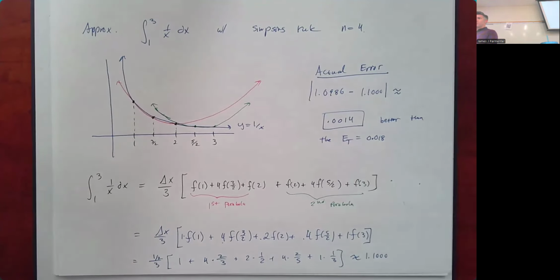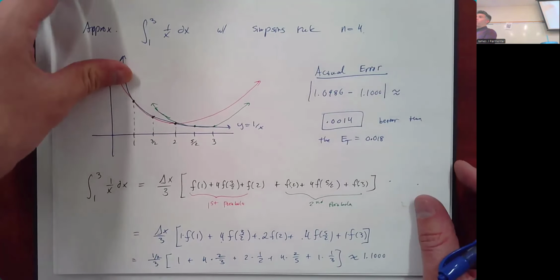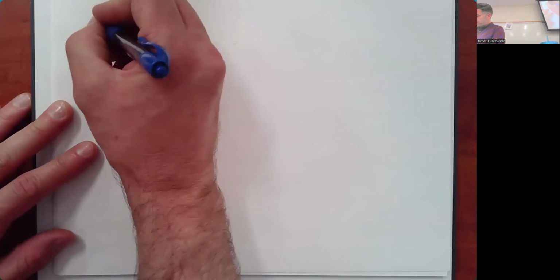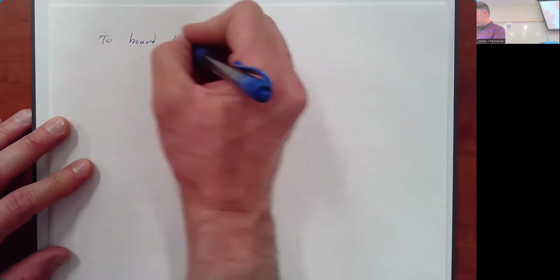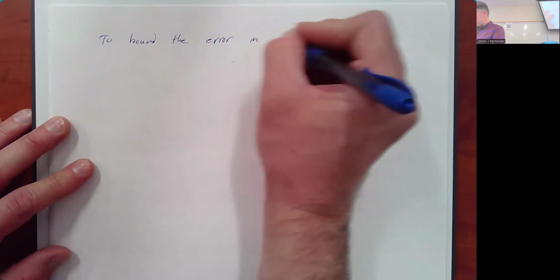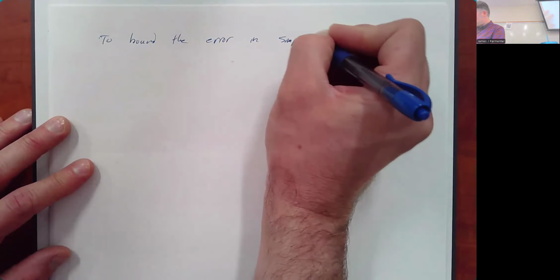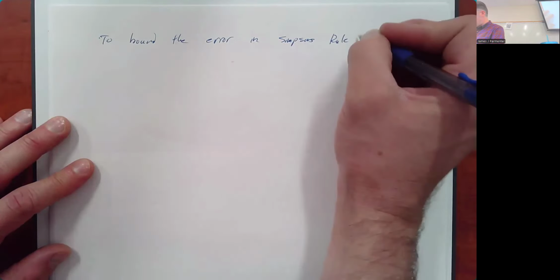And then in a similar way, there is an error formula for bounding the error for Simpson's rule. So to bound the error using Simpson's rule, it's a similar looking formula.